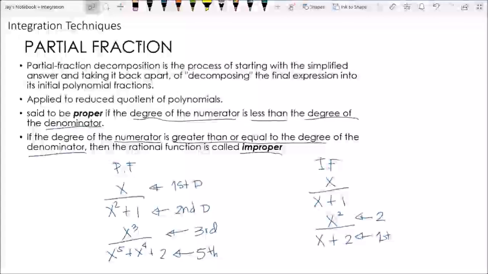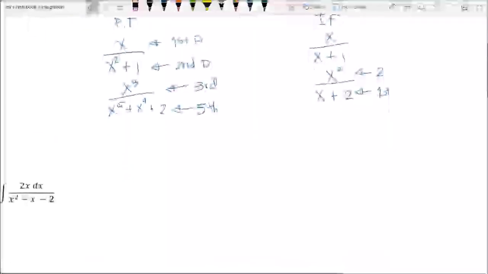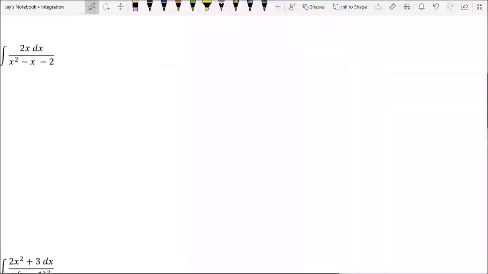So I have prepared an example. We have the integration of 2x over x squared minus x minus 2. This is a proper fraction since the numerator is of the first degree while our denominator is of the second degree.